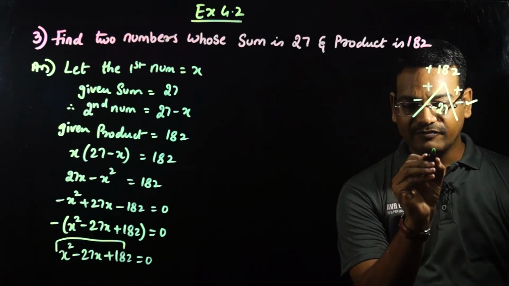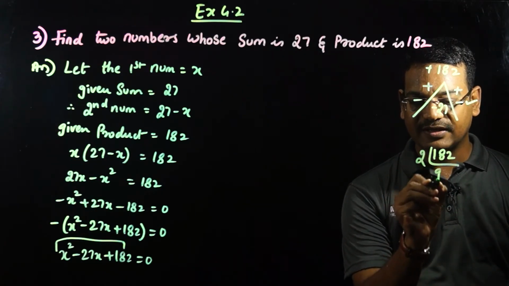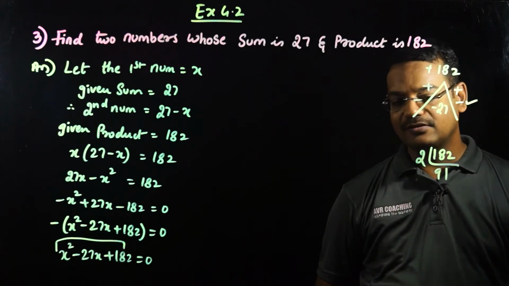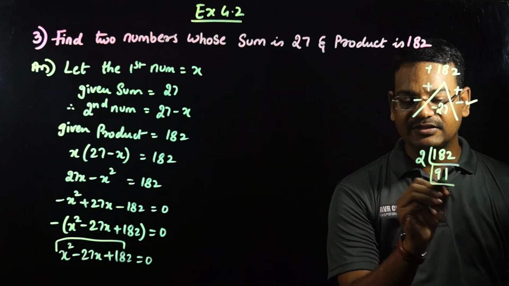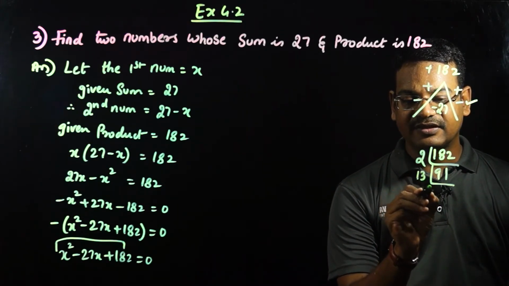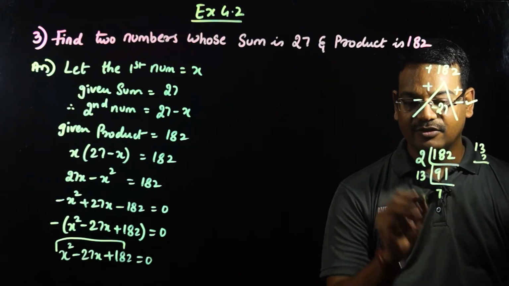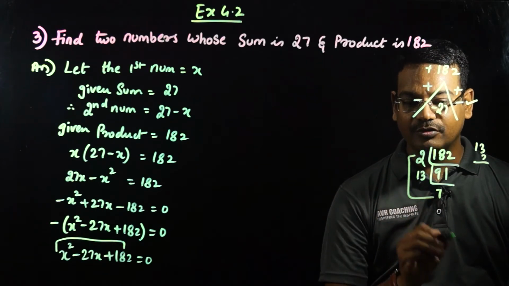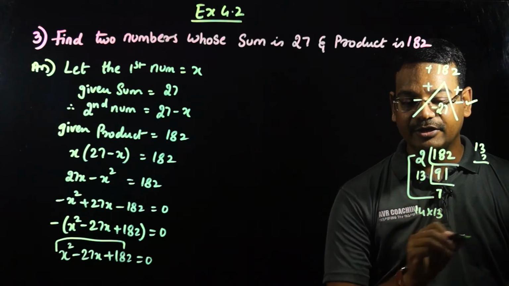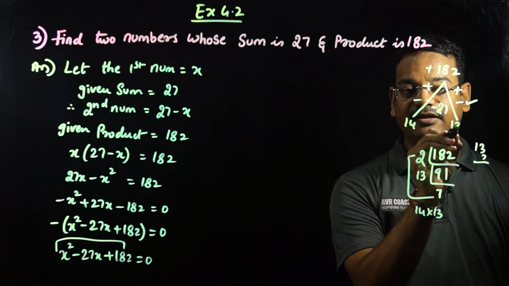So if we do prime factorization for 182, we get 2 nines are 18, 2 ones are 2, and 13 sevens are 91. Now 2 into 7 is 14, and 14 into 13 is 182. 14 plus 13 is 27. So we'll write 14 and 13 here.